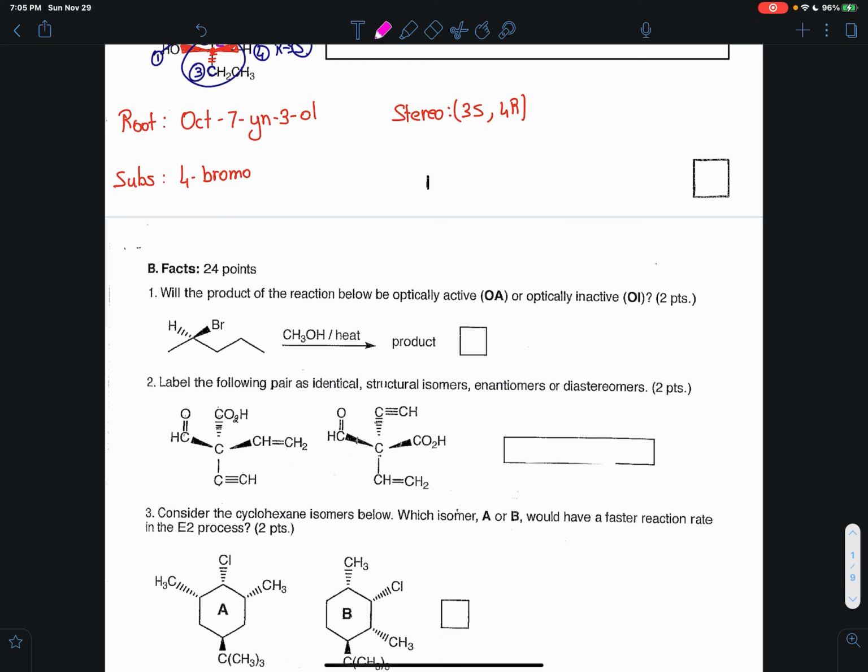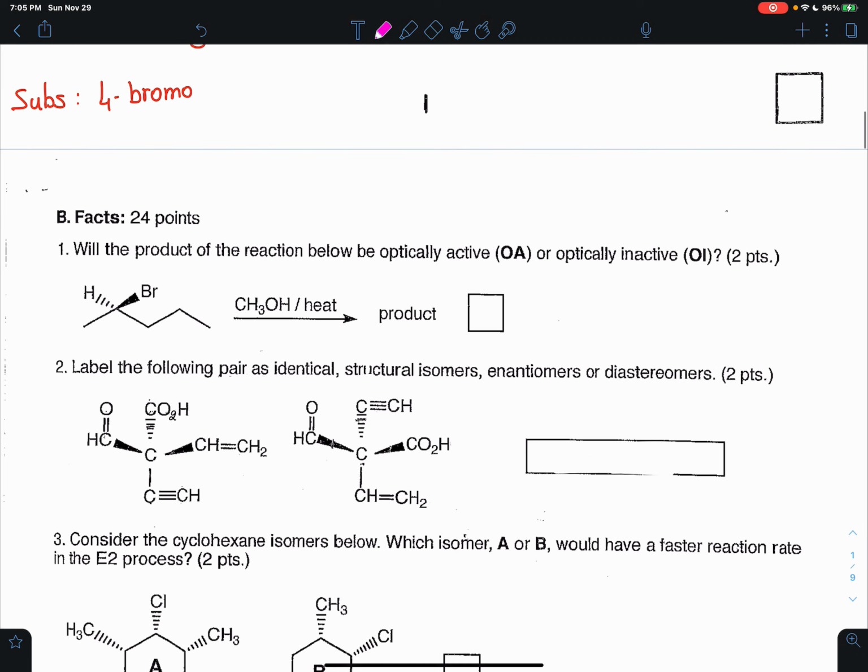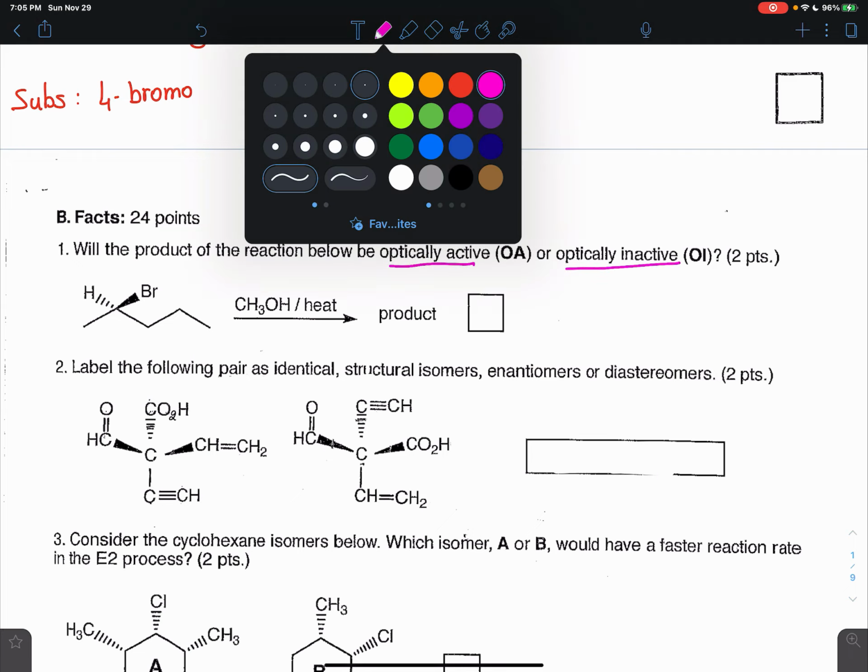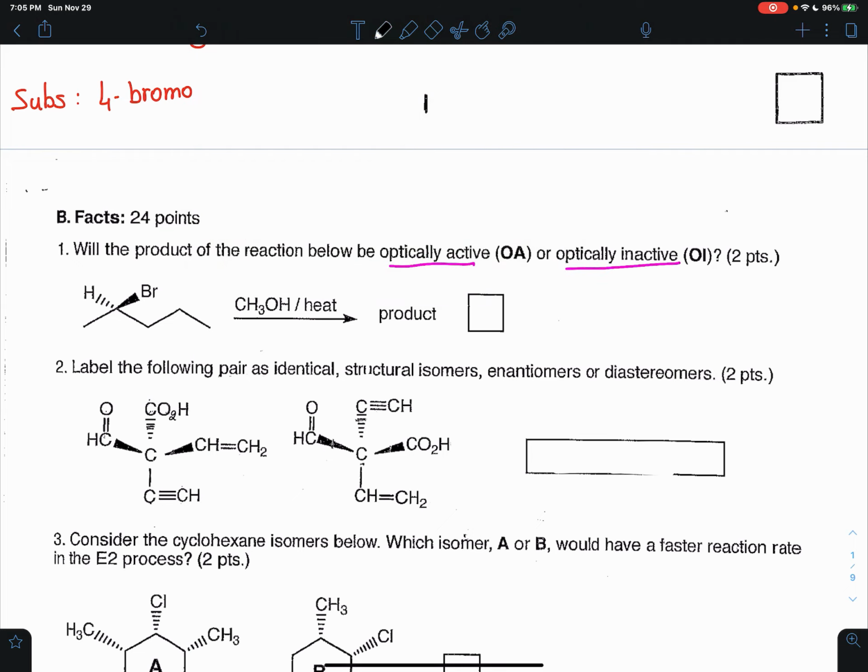So let's start with the facts section. Will the product of the reaction below be optically active or optically inactive? For something to be optically inactive, there should be a racemization, which means that there is the same amount of groups that are inverted and that stayed the same.